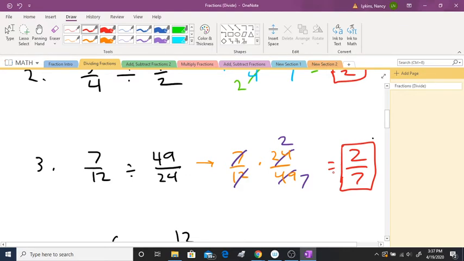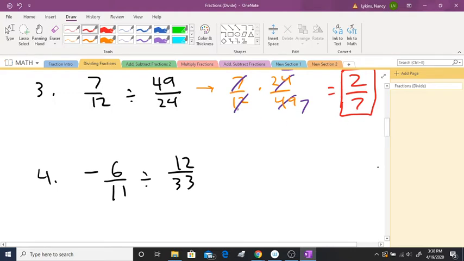So remember to always keep the 7/12 the same, and then take the 49/24 and flip it, or take the reciprocal. And by taking the reciprocal, that means we're changing it to multiplication.